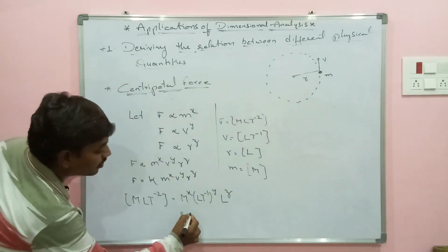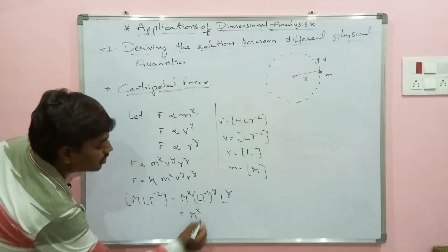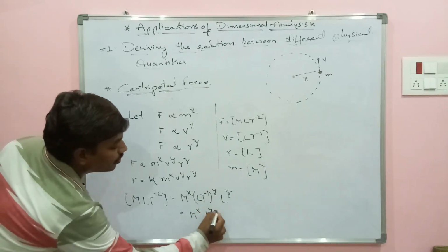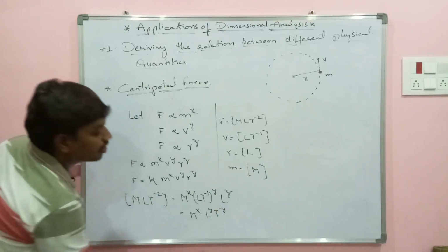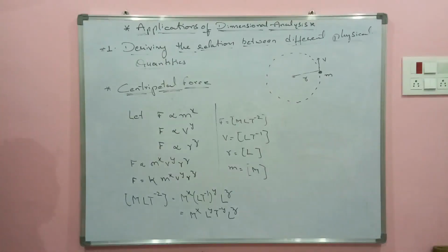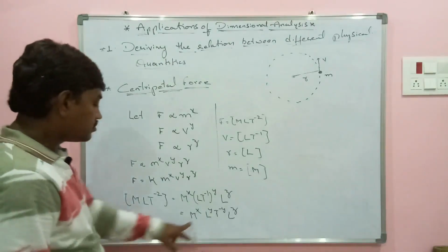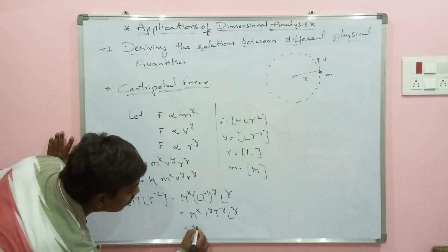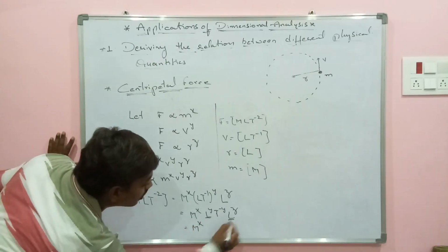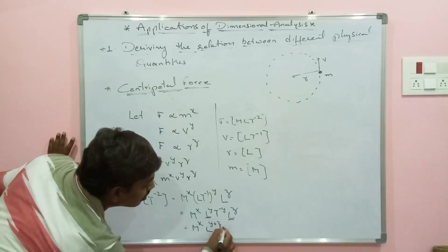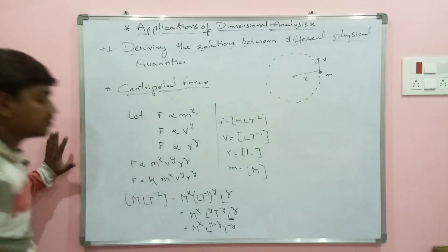Simplifying this, I will get M to the power of x, L to the power of y, T to the power of minus y, L to the power of z. Still simplifying, M power x, L power y plus z, T power minus y.